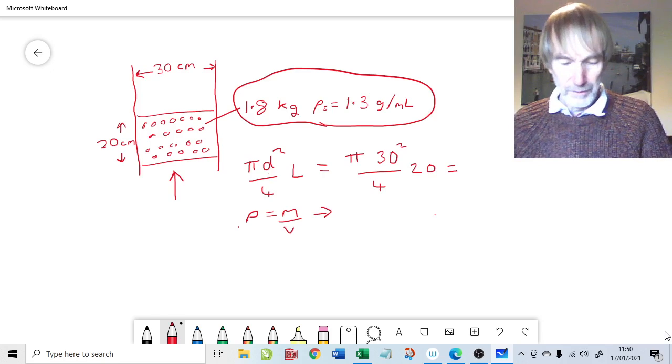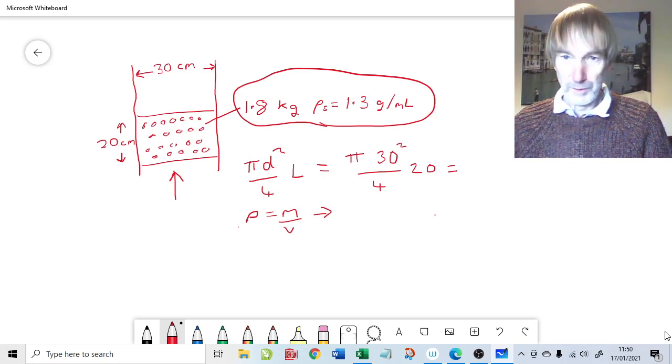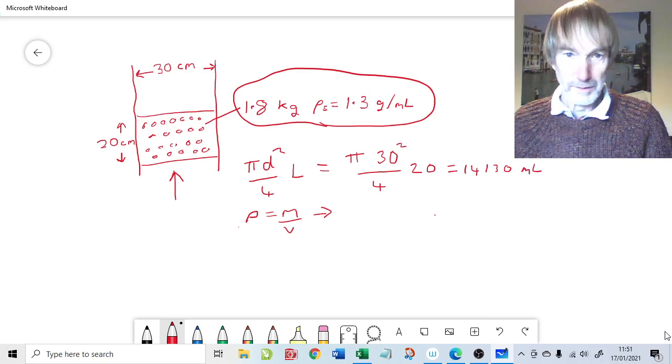So that gives 14,130, which I might be able to just put into here. So that's 14,130 centimeters cubed, or milliliters, they're the same thing. I'll use milliliters simply because it's easy to write.